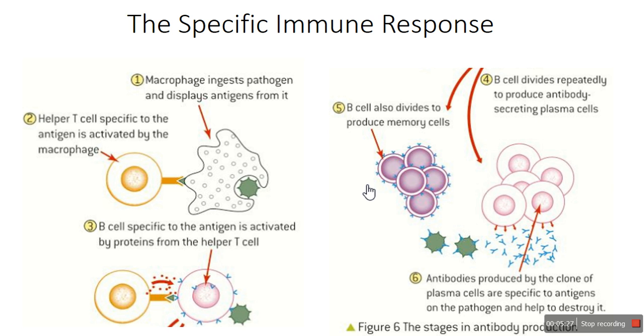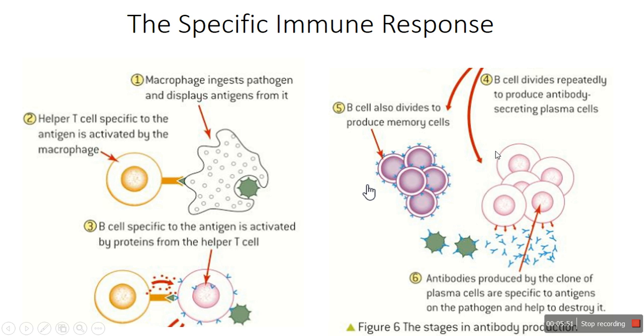Now those antibodies produced by these plasma cells are secreted, and these will destroy, hopefully in many different ways, which we'll look at a bit later, the pathogen that the antigen belongs to.